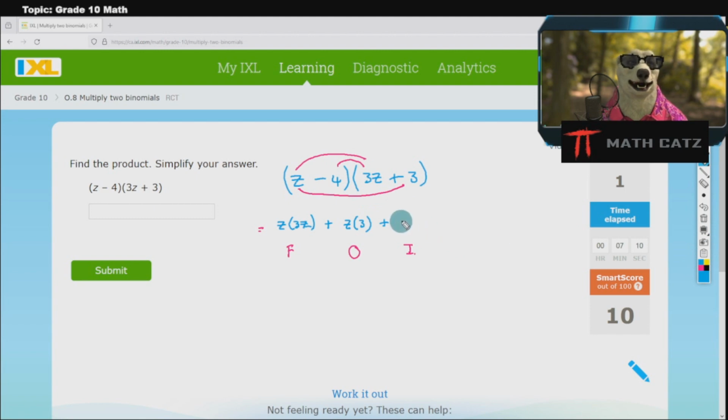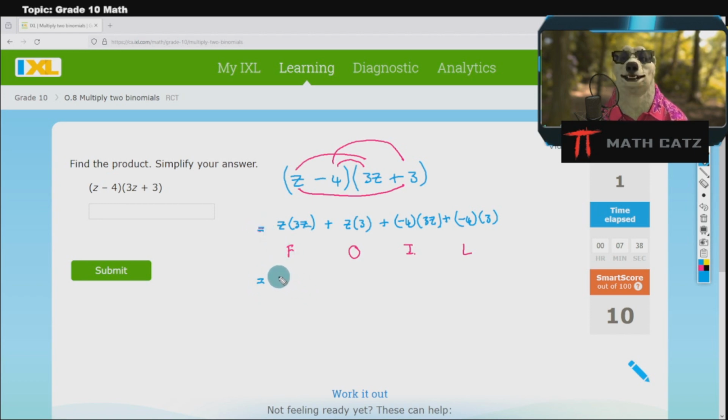Swapping colors here. Negative 4 times 3z. I could have gone a minus there, I know. And then lastly, the last ones, which will be these two, for a negative 4 and a 3. I'm foiling it out, but it's just the distributive property.